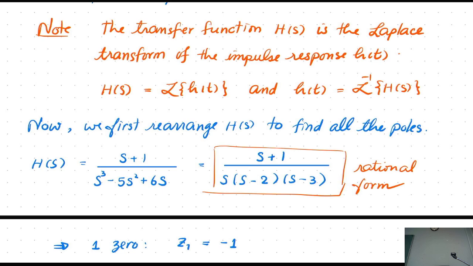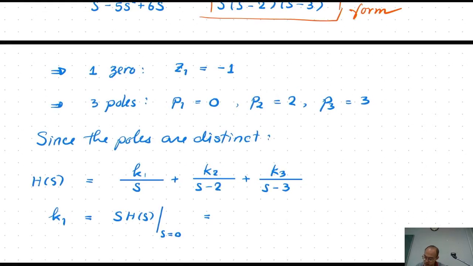So we're going to get 1 over minus 2 times minus 3. That is 1 over 6. So we have 0 plus 1 divided by 0 minus 2 times 0 minus 3, and that is 1/6.